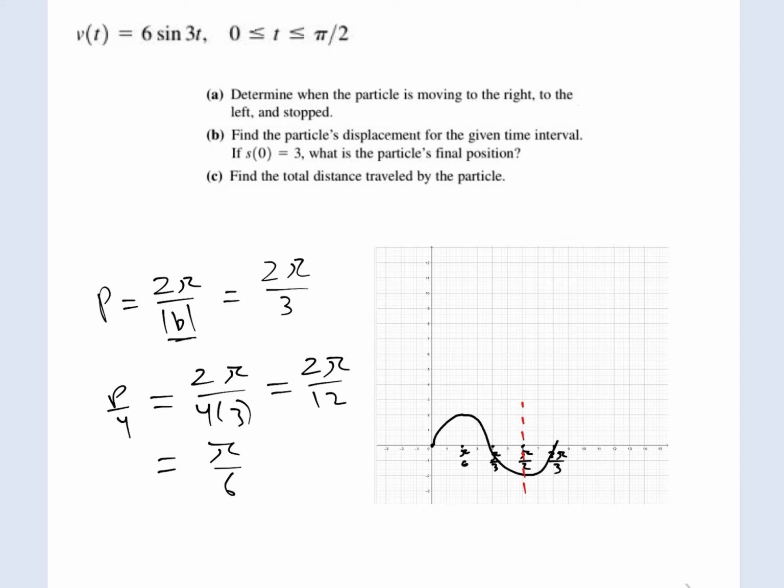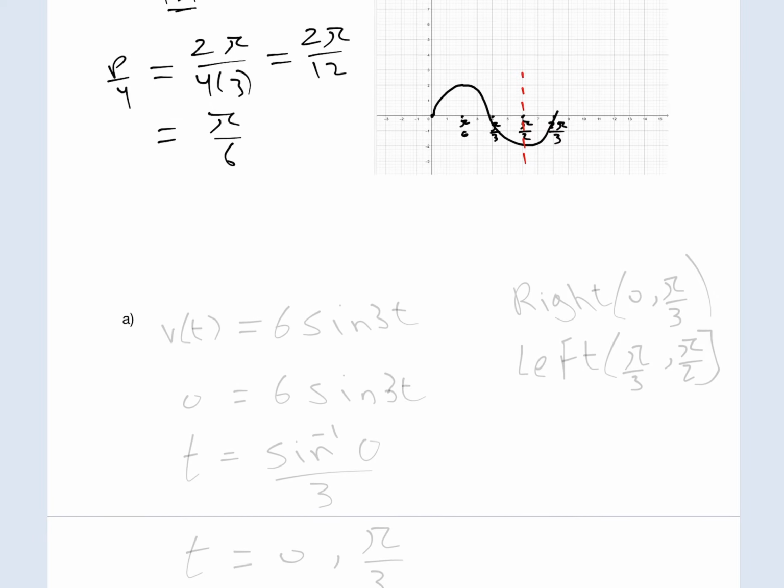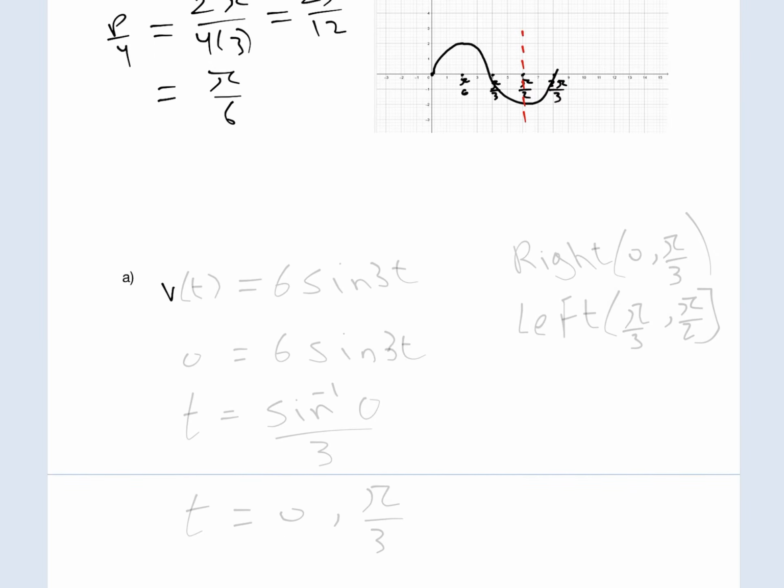After drawing the graph, now we can start solving manually. First I'll find where the particle is moving to the right and to the left, and where it stops. The function is v of t equal to 6 sine 3t. To find where the particle stops, we have to set the function equal to 0. So 0 equals 6 sine 3t.